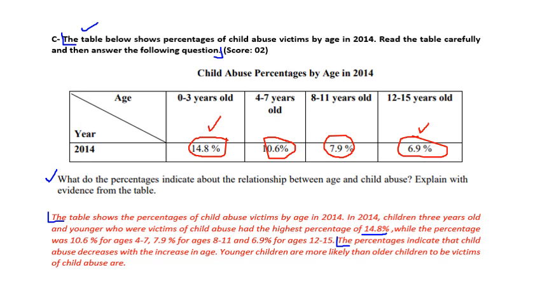So what do the percentages indicate? Notice how they are falling as the age increases. The percentages indicate that child abuse decreases with the increase in age. Younger children are more likely than older children to be victims of child abuse.